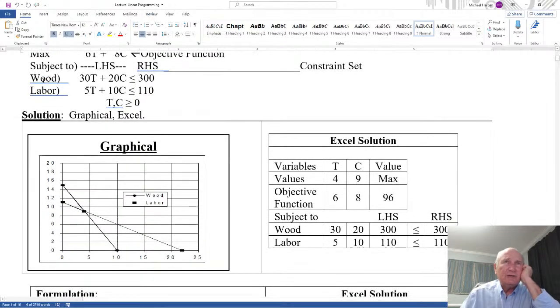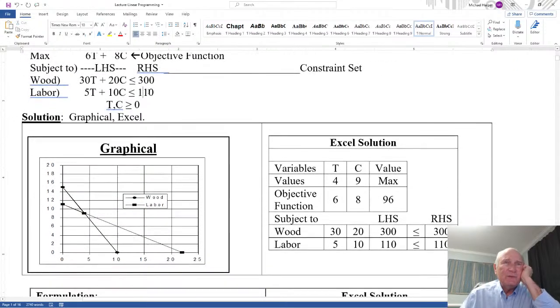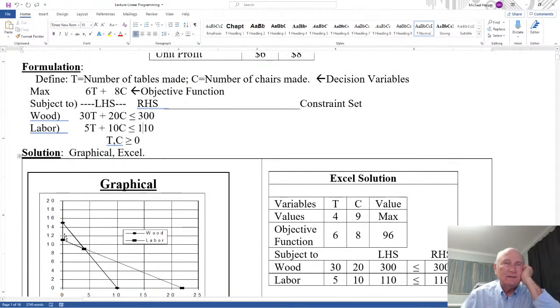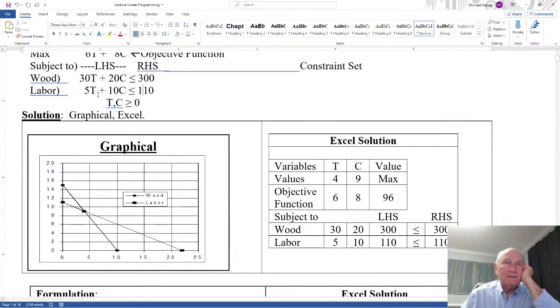Well, the idea here is we have two constraints, a wood constraint and a labor constraint. What we can do, let's say that the y-axis here is the, I think it's the tables. Let's see here. Yes, the y-axis is the tables.